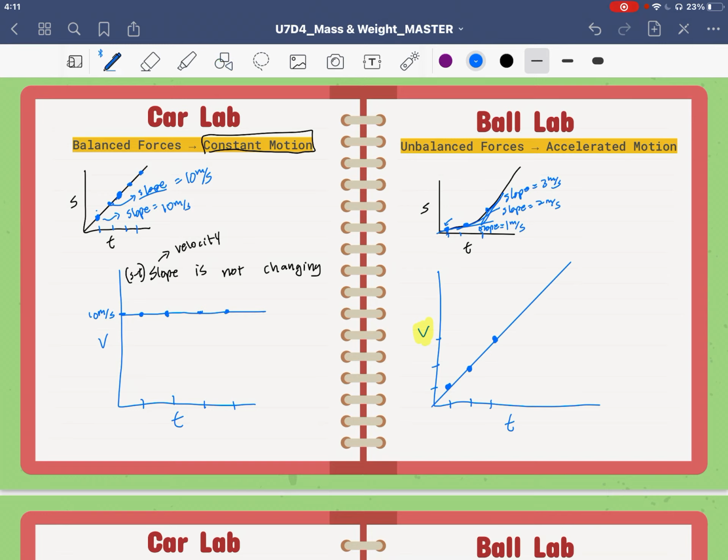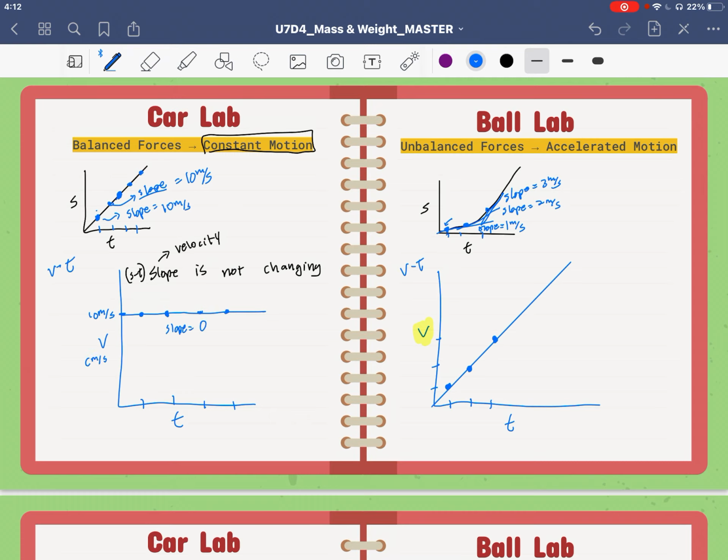All right, so thinking about my VT graphs, my velocity time graphs, my final step here would be to analyze the slope of my velocity time graph. So here I see the slope of this graph is 0.